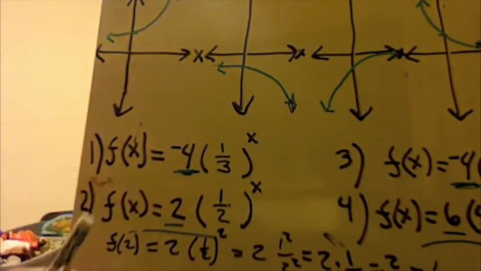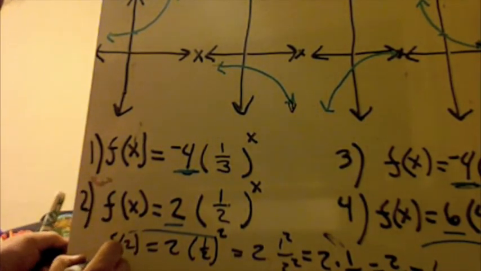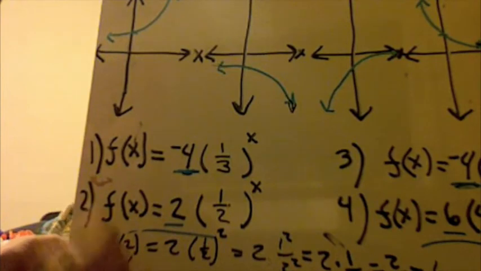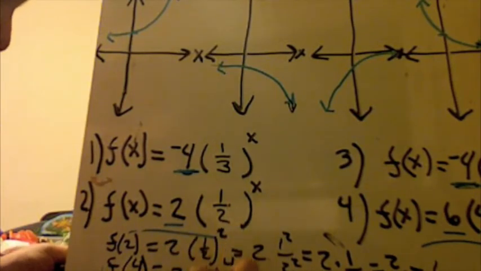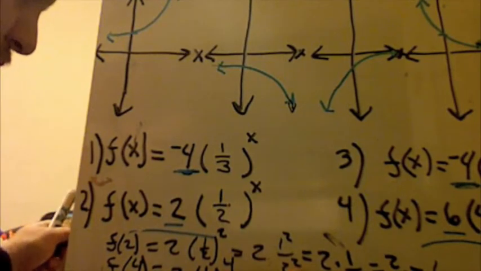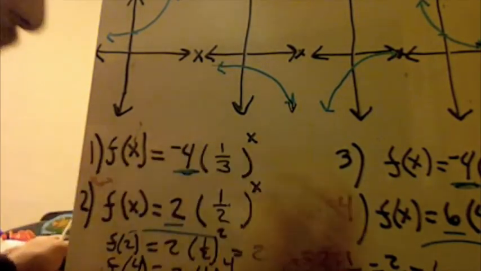Okay? So let's try a different value. Let's try a little bit larger value. f of 4. Hope that's visible.